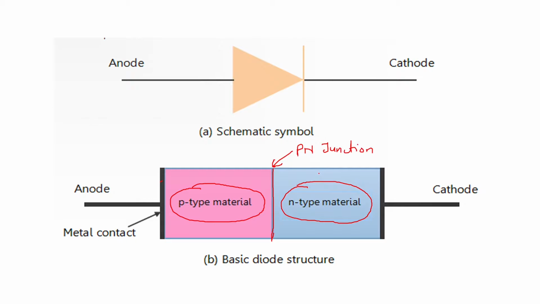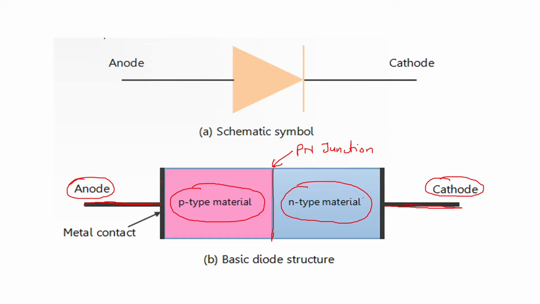Okay, so p-type material joined with n-type material is called a PN junction. The terminal near the p-type material, which is a metallic contact, is called the anode, and the terminal near the n-type material, which is again a metallic contact, is called the cathode.